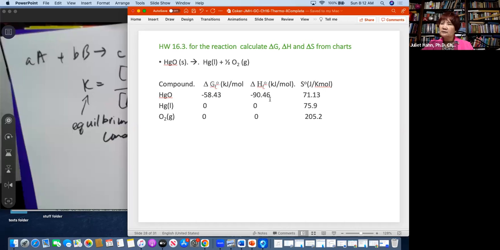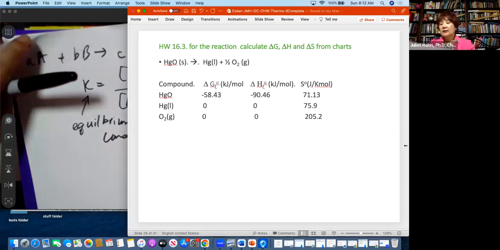And you'll say, well, you didn't give me the enthalpy of formation for mercury liquid or for oxygen gas. Where am I supposed to find that? Is there a chart I'm supposed to look it up on? No, it's just the element in its most stable form. It's always zero. So this is a very simple problem because all these things are zero.